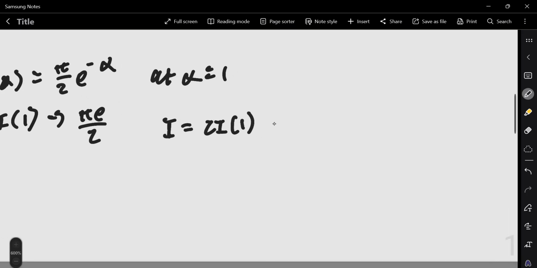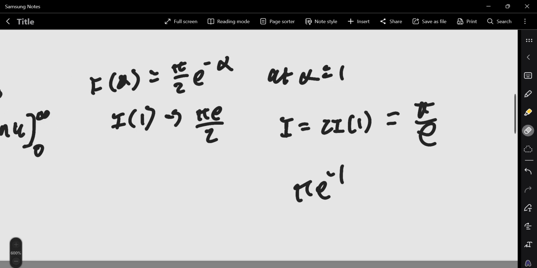So we are going to be left with pi over e, or pi e to the minus 1. Okay. I think this was the mistake. This shouldn't be pi e over 2. This should be pi over 2e. Yes. Otherwise, it wouldn't work. Okay, cool.